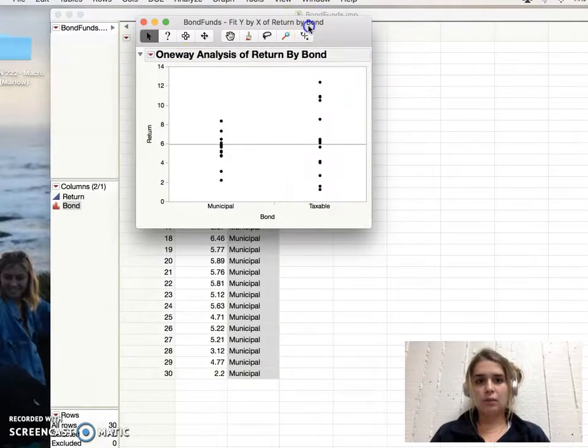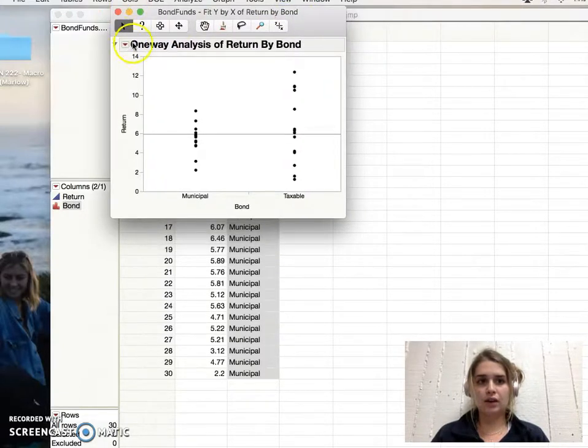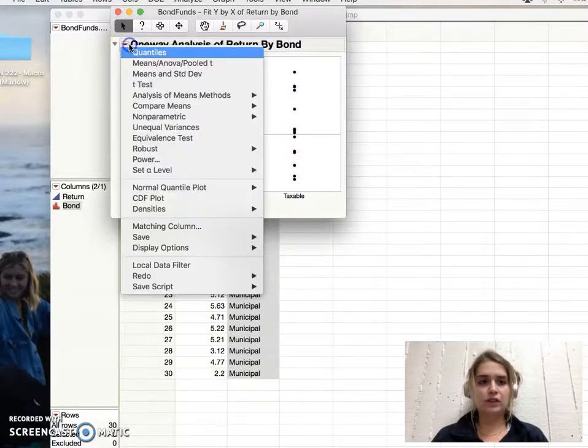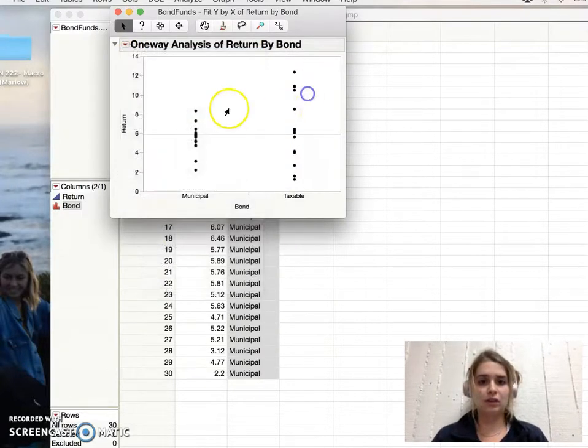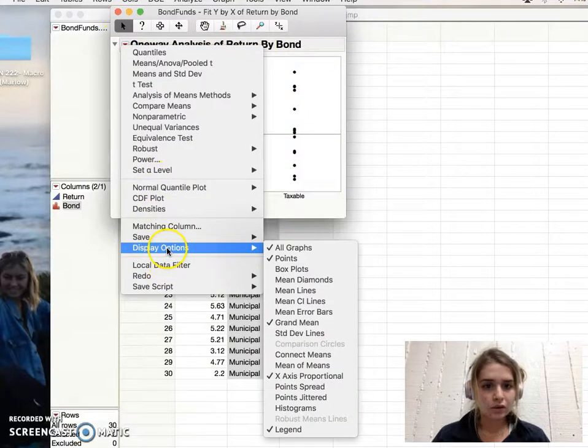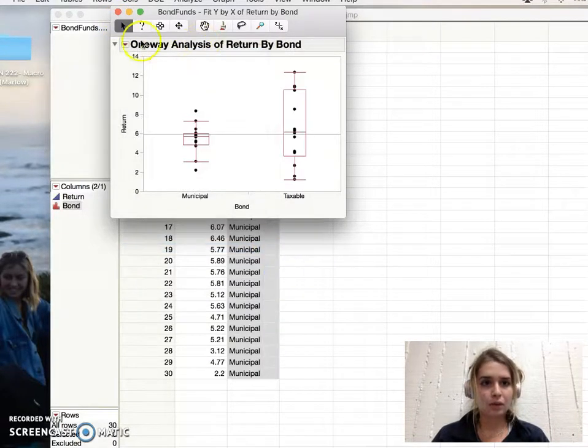So we're going to pull up a bunch of data right now. This is for checking conditions. First thing we are going to pull up is we're going to mess with this data right here. So we're going to go down to display options and add box plots.